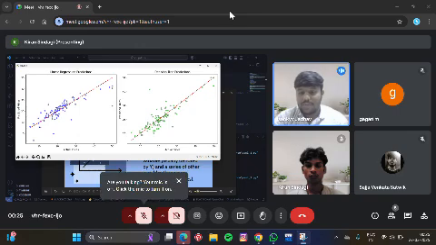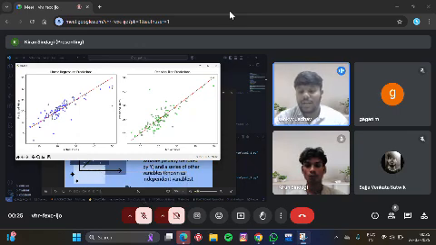Since our data set appears to follow a more linear trend, linear regression performed better. The decision tree likely overfitted to small variations in the training data, leading to higher errors in prediction. If the data set had more complex patterns, the decision tree might have been better.